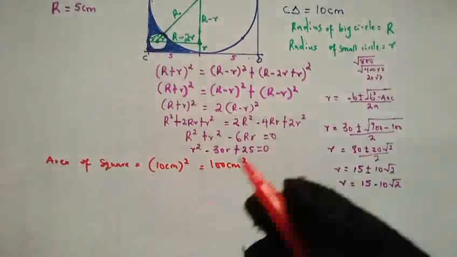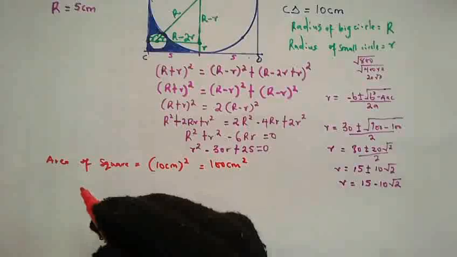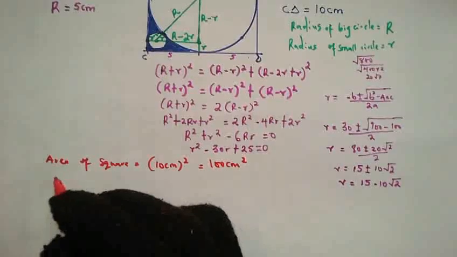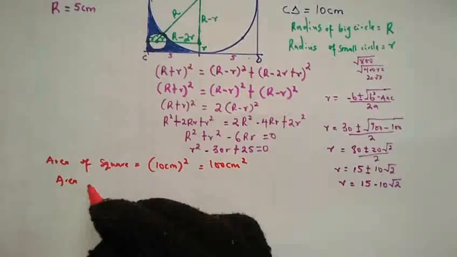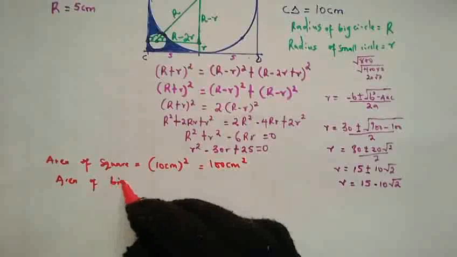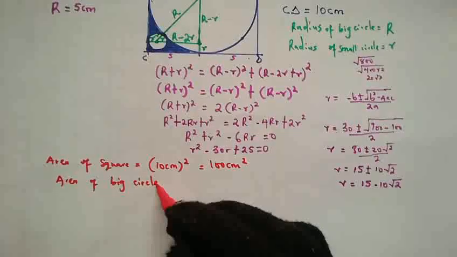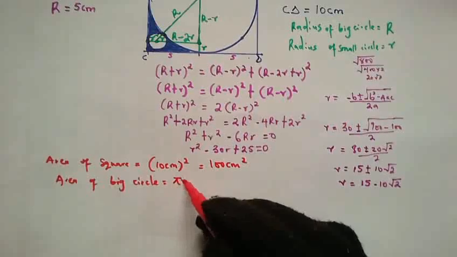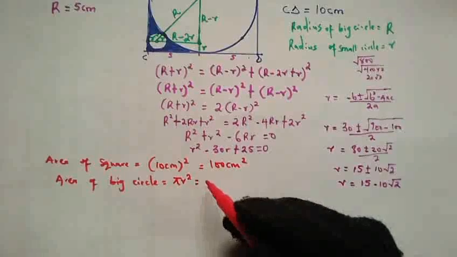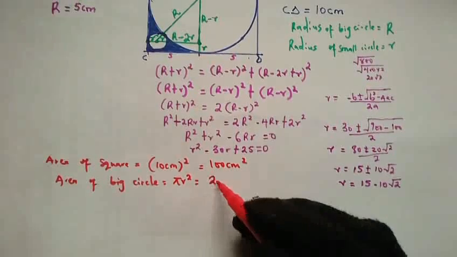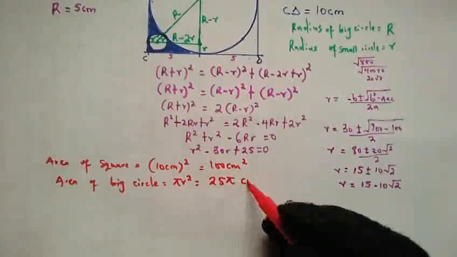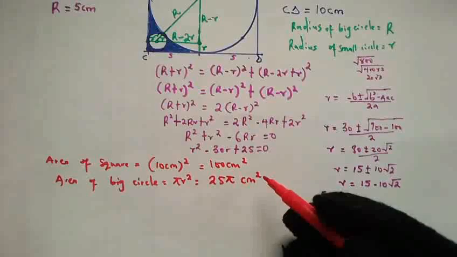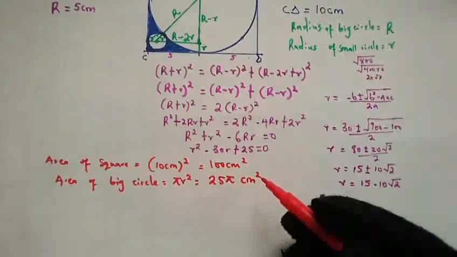Okay, now let's find the area of the inscribed big circle. So we have area of big circle is equal to pi r squared, and the radius is 5, so that is 25 pi centimeters squared.